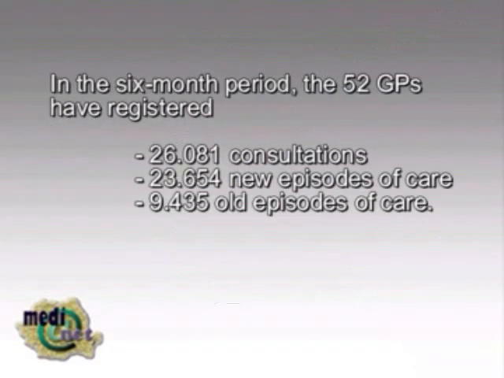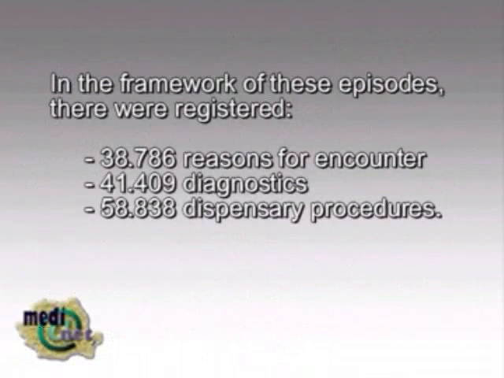In the 6-month period, the 52 general practitioners registered more than 26,000 consultations inside 23,000 new episodes of care and more than 9,000 old episodes of care. Doctors registered more than 38,000 reasons for encounter, 41,000 diagnoses, and more than 58,000 dispensary procedures.